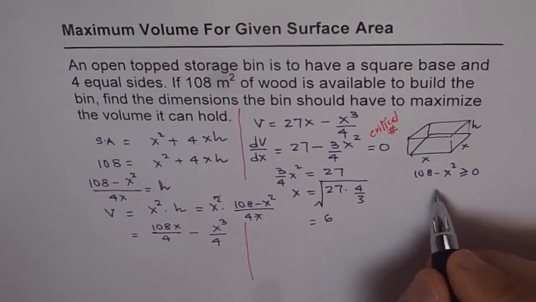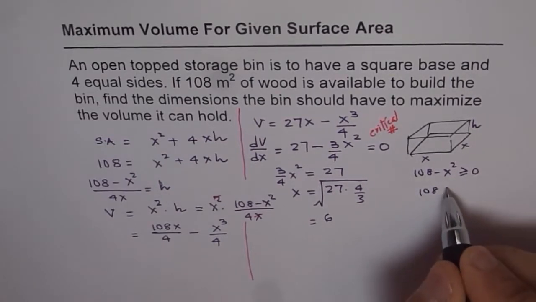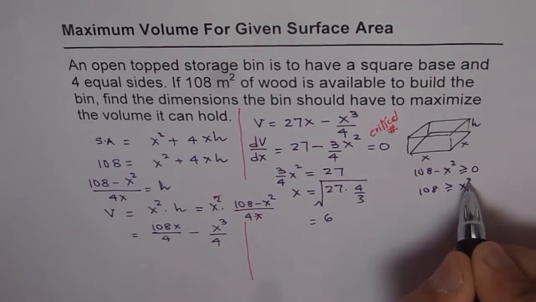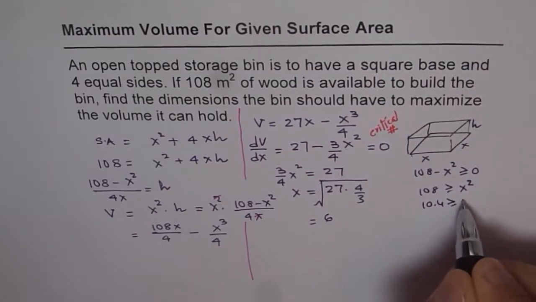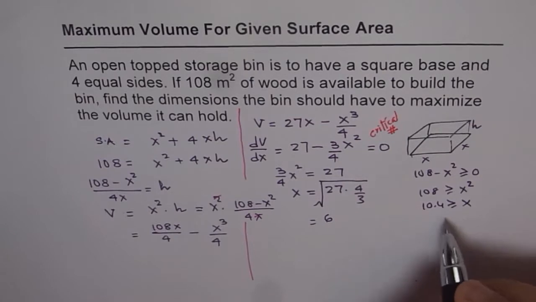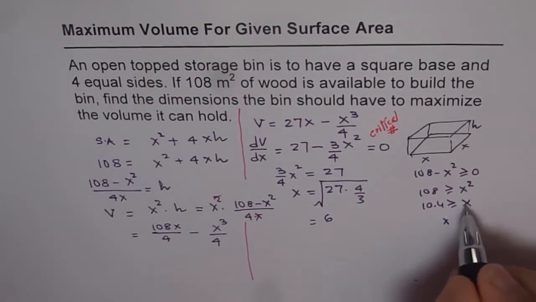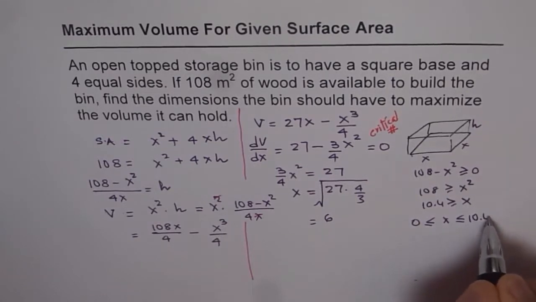So we say 108 is greater than or equal to x squared, and when we square root it, we get 10.4 is greater than or equal to x, right? So basically x is between 0 and 10.4. So we have a range for x.